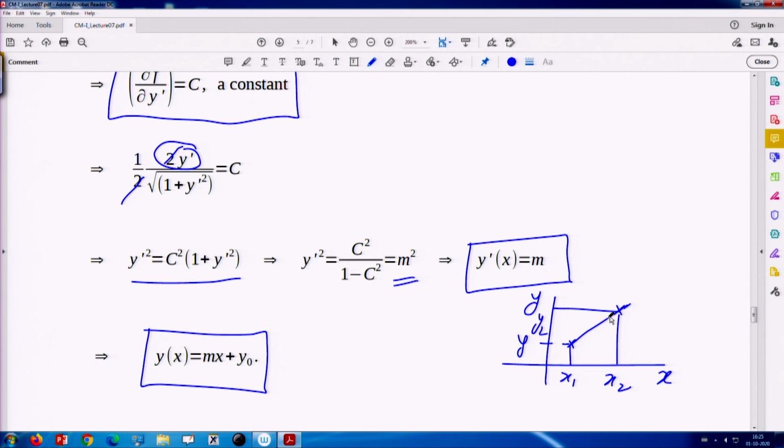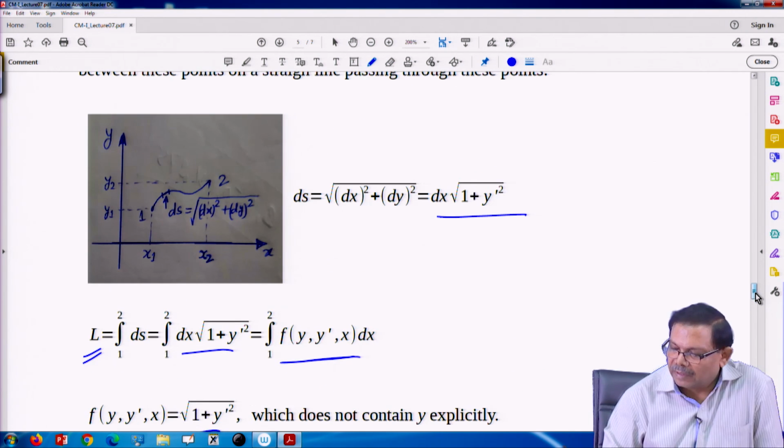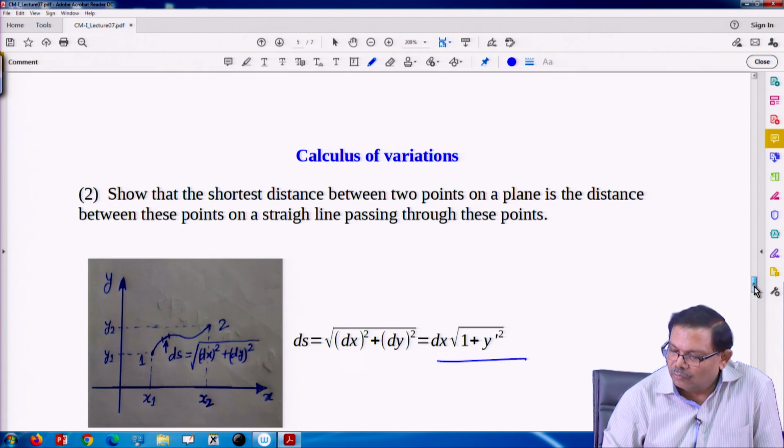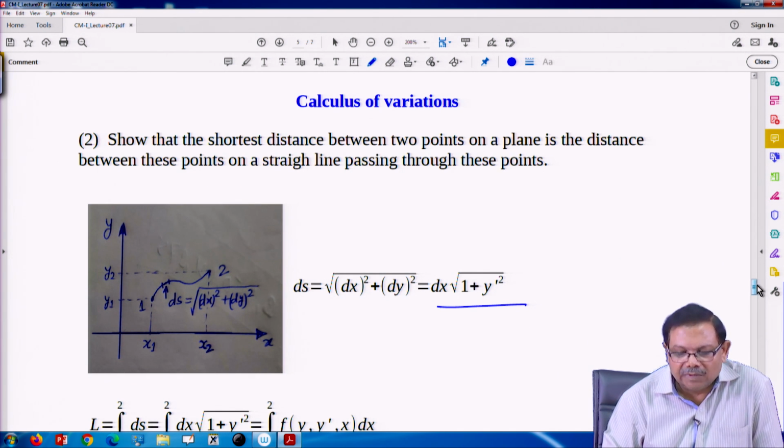For the straight line passing through these, the intercept and slope are known because it passes through 2 given points. So, slope and intercept are fixed by those 2 points through which all curves have to pass. What we learned here is a proof that the shortest distance between 2 points is a straight line between those 2 points.